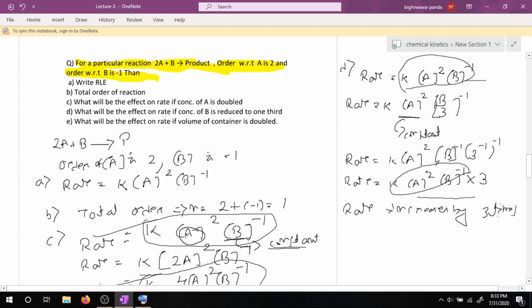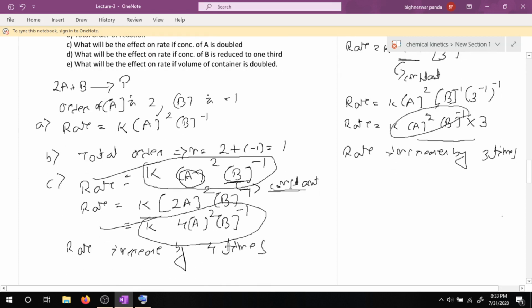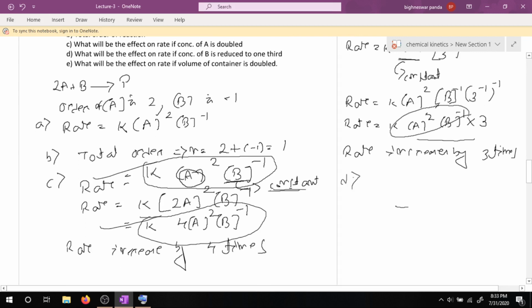Okay. Then another question is there, what will be the effect on rate if volume of container is doubled? So again, question E. What will be the effect on rate if volume of container is doubled? If volume of container is doubled, I can say that the concentration becomes half.